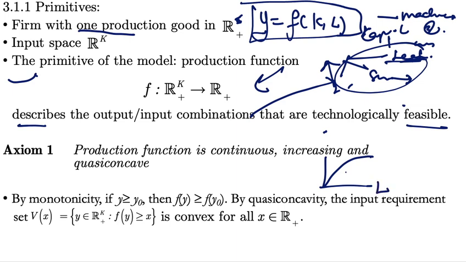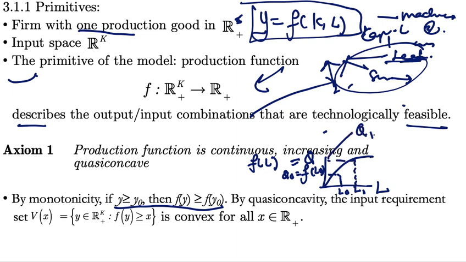So let's say L is here and output here. I use Q. If your L naught is here and your L1 is here, this Q is actually F(L). So with L naught, your Q naught is equal to F(L naught). When you have L1, your Q1 is equal to F(L1).